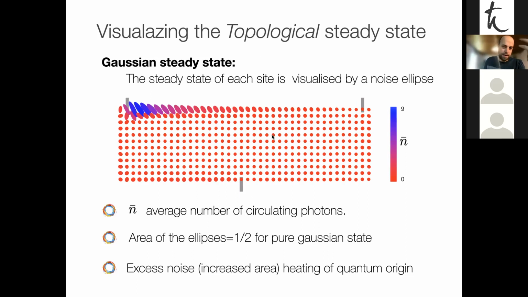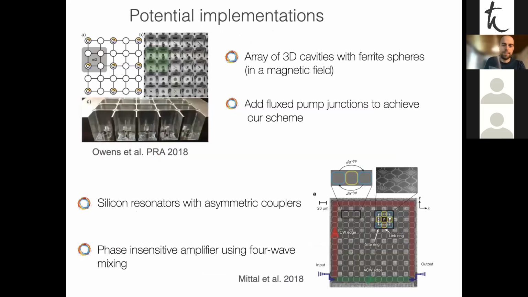If it's in the ground state, it's just a circle, but it can be squeezed by the parametric term, and it can have a larger area if it's not a pure state. This phenomenon is known as quantum heating. So we don't have any thermal excitation entering our amplifier. We assume that we are at zero temperature, but still there is some added noise.